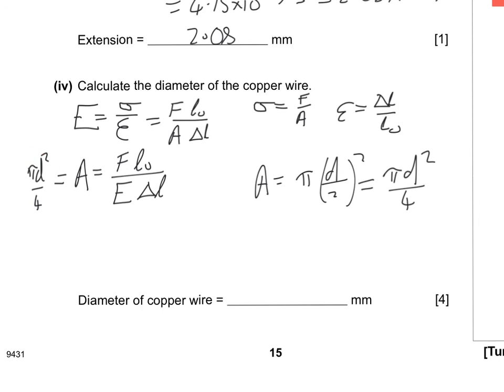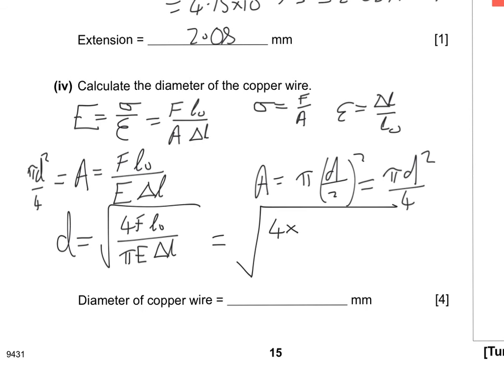If I put that expression in, we can rearrange this now for d. If we take the 4 over and the pi over, d is going to be the root of what we've got. So the diameter is going to be the root of 4 F L naught over pi times the Young's modulus times the extension.